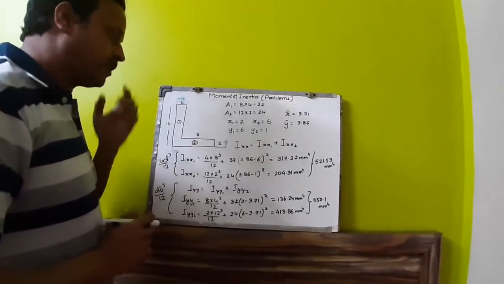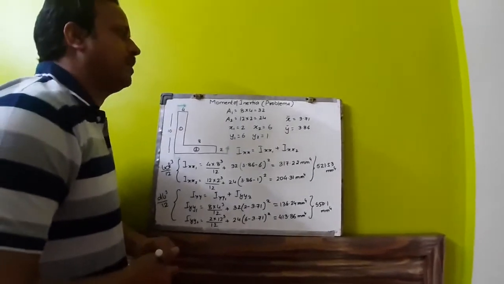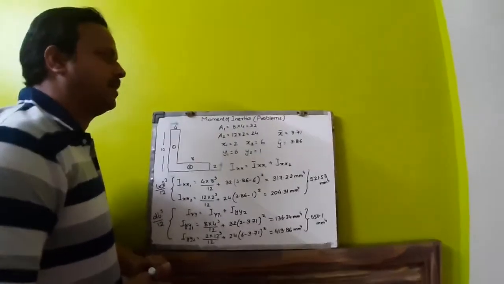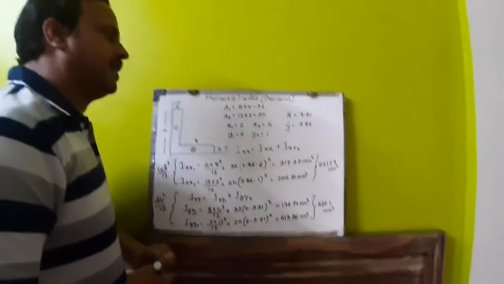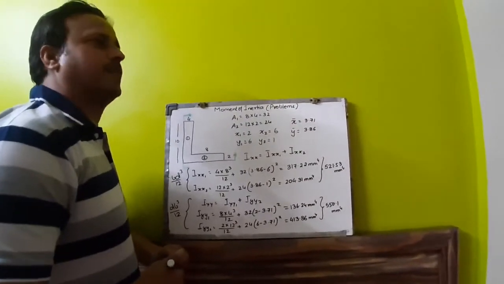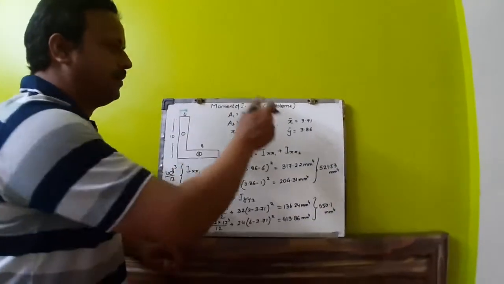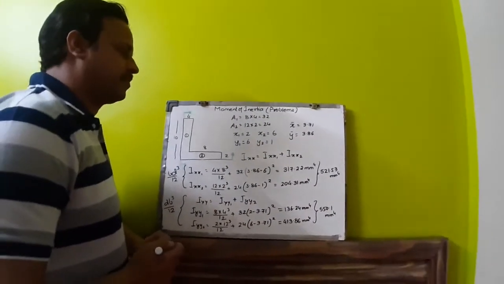But from an examination's point of view, you may be asked to find moment of inertia about different reference frames. So moment of inertia about the centroidal axis will define your reference frame. So this is your reference frame which has been found out as 3.71 and 3.86.